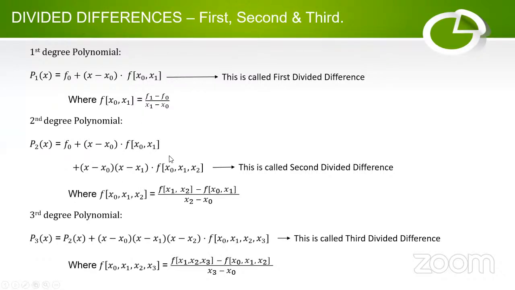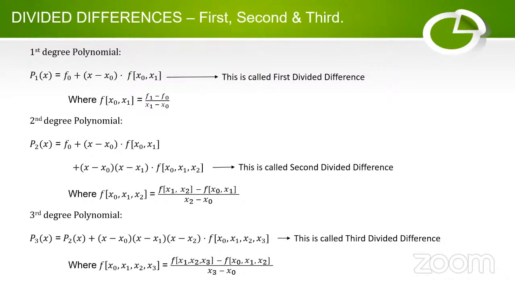In the second degree, L0 was also different. In the third degree, L0 was also different. Likewise L1, L2, and all the way. So if we are going to solve all the way to L100, we are going to have different values. We'll solve for 1, we'll solve for 2, we'll solve for 3, all the way to 100. So it will be computationally very tedious and also prone to error.